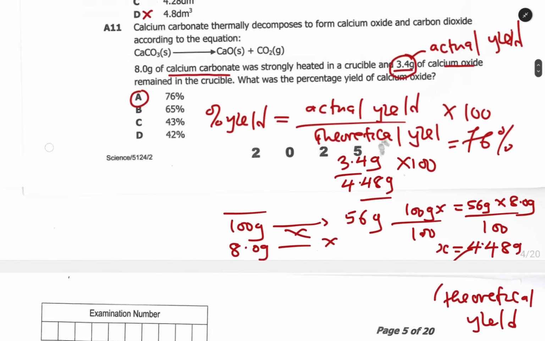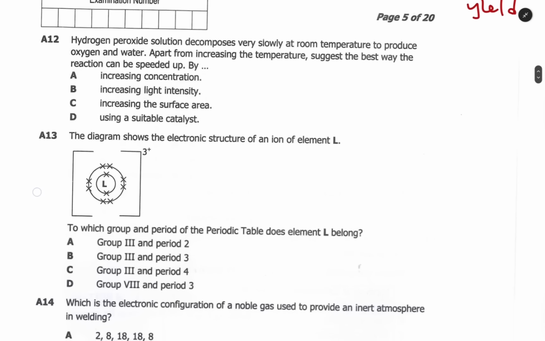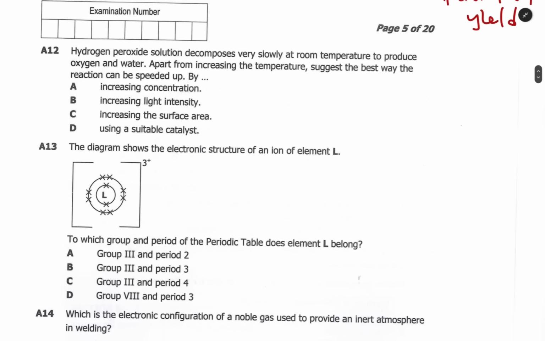All right, this is question 11, up to question 12. Hydrogen peroxide solution decomposes very slowly at room temperature to produce oxygen and water.